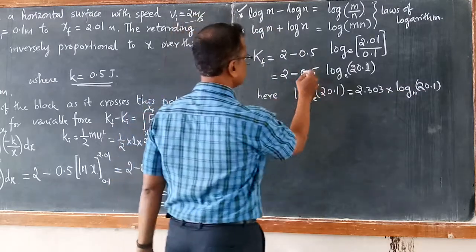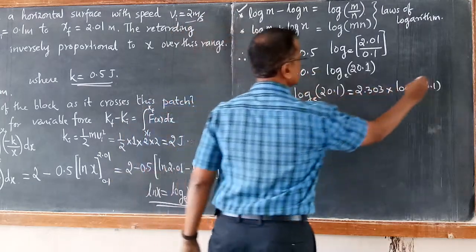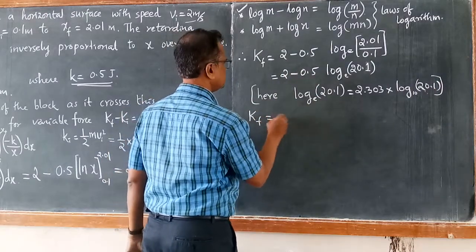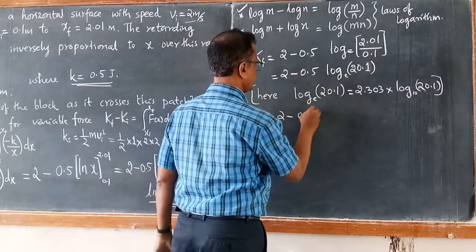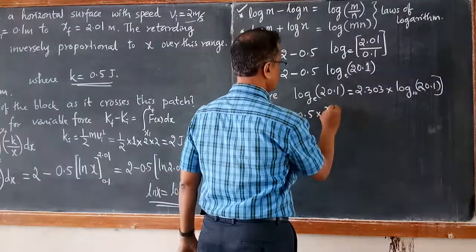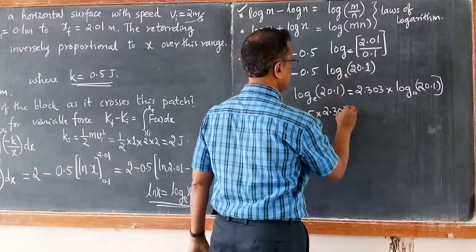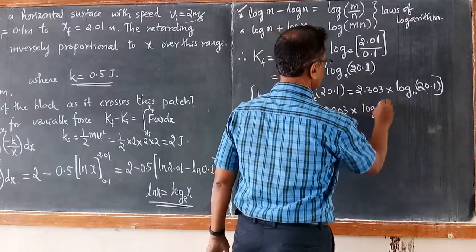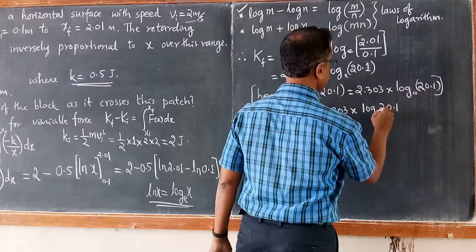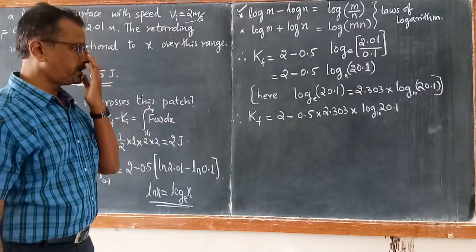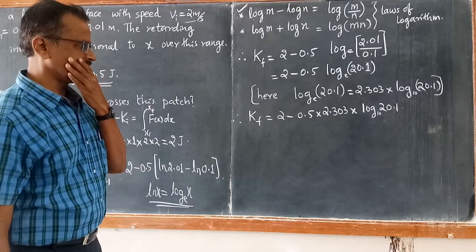So I can substitute this in the above equation. Therefore Kf is equal to 2 minus 0.5 times 2.303 into log 20.1 to the base 10.